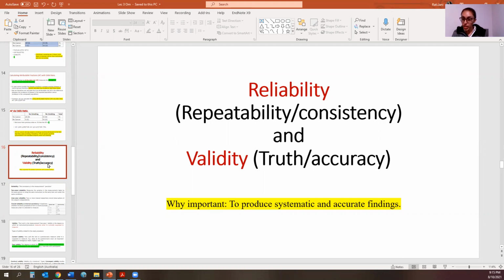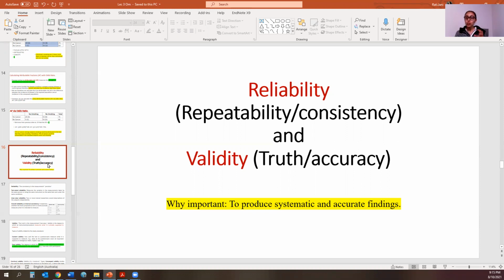No, I'm not. So validity means your instrument or tool should accurately measure what it is supposed to measure. A weighing scale should not measure height, and a stadiometer, which you use to measure height, cannot measure weight. Validity is the truth and accuracy of the tool which you have.